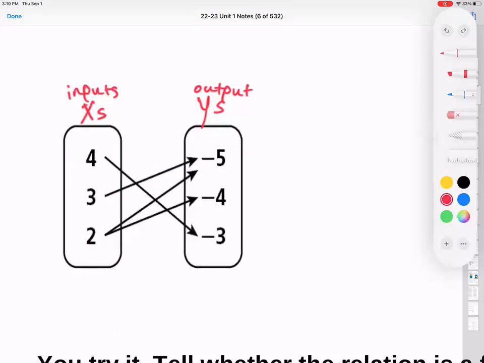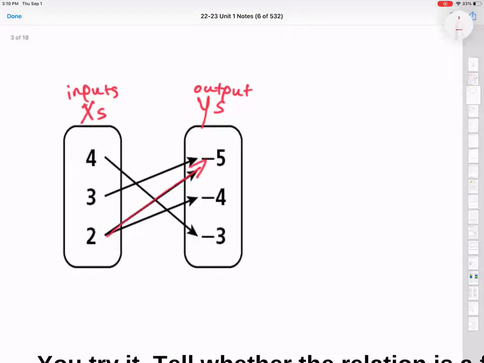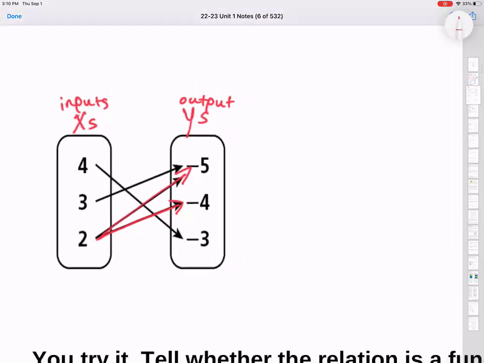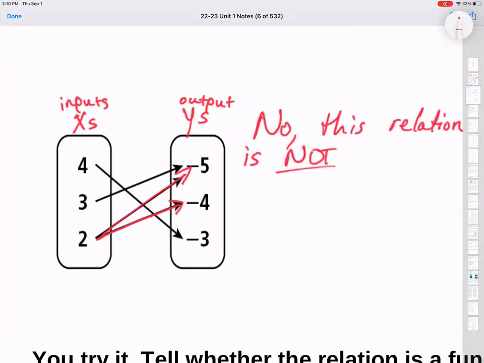Well, 2 is trying to go to -5, and 2 is also trying to go to -4. 2 cannot do that, okay? So as a result, is this relation a function? No. This relation is not a function.